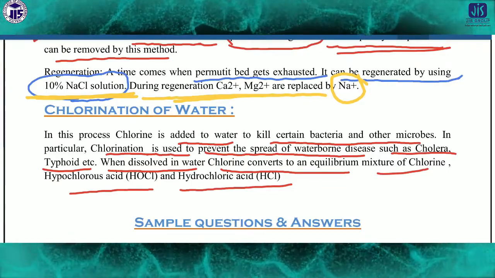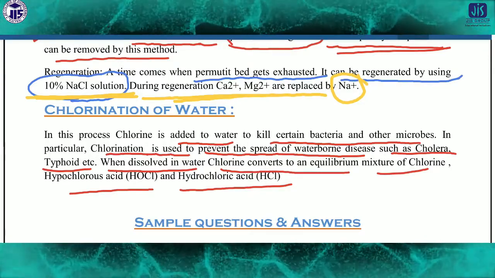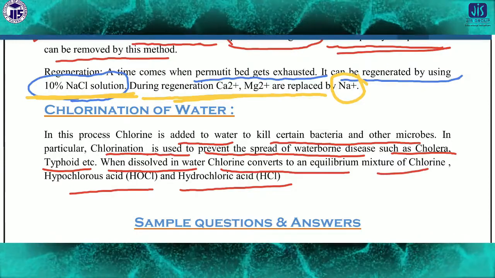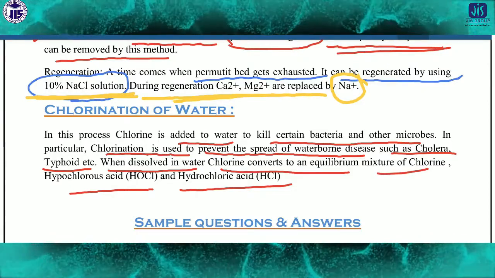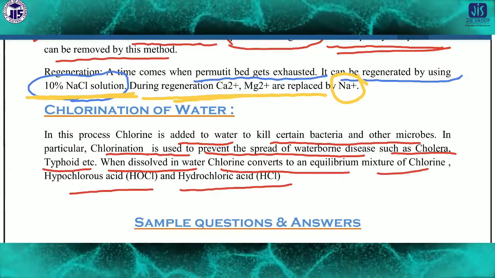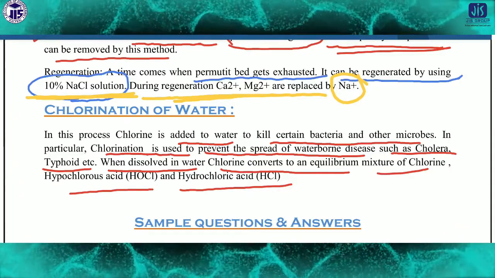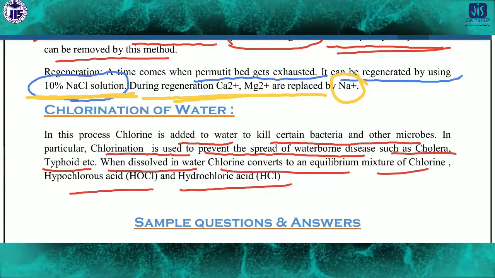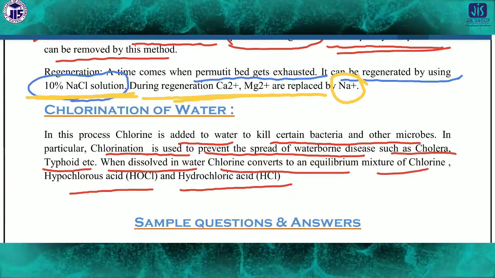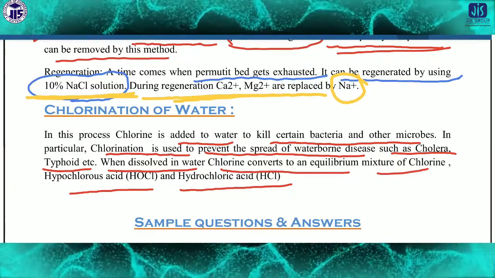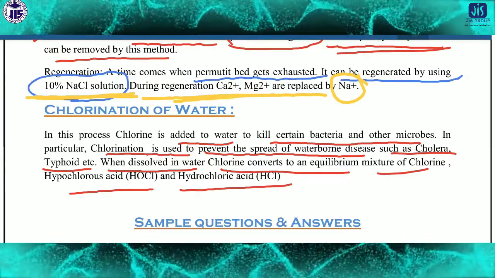And there are temporary hardness and permanent hardness, and how these kinds of hardness can be removed. All these things are very important. Another thing is that the permutit process is also very efficient to remove the temporary hardness and the permanent hardness also. So you have to keep this in mind.